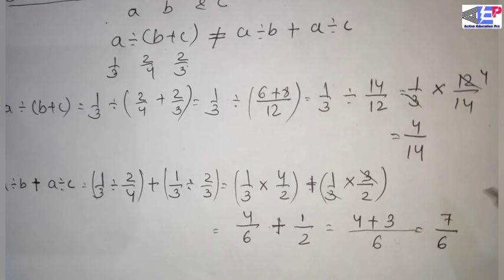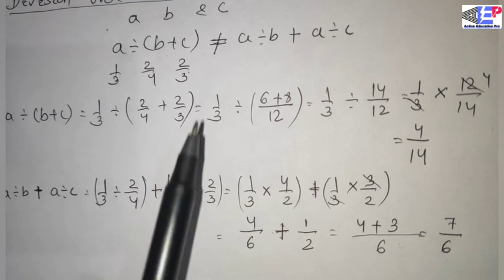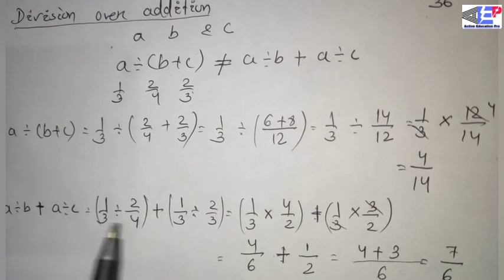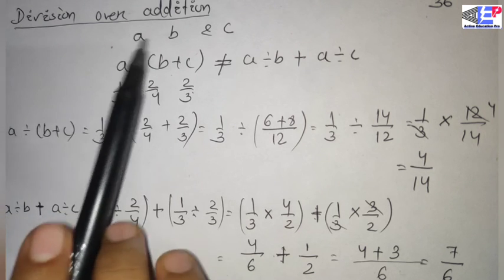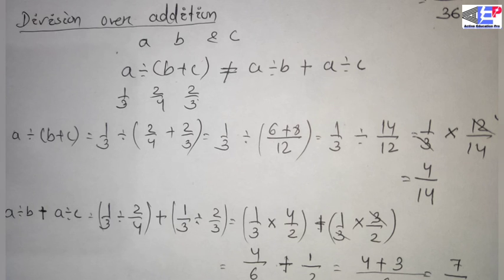Check these two answers. Left side answer and right side answer are totally different from each other, so it is not equal to its right side. So distributive property for division over addition is not distributive. So this is all about distributive property of rational numbers.